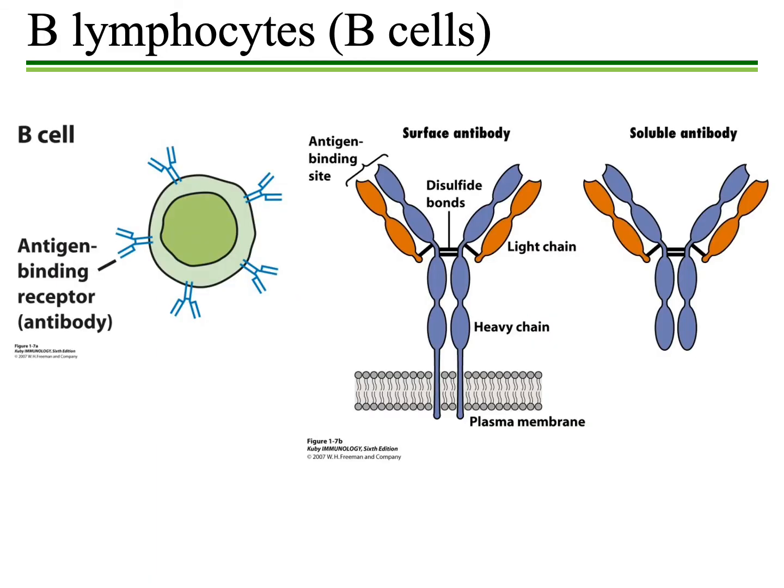So let's talk about B cells in a little more detail. B cells are cell types that produce what is known as an antibody. Now, an antibody might be a term that you've heard previously. The term antibody refers to an antigen binding receptor. This is a receptor that can bind to an antigen.